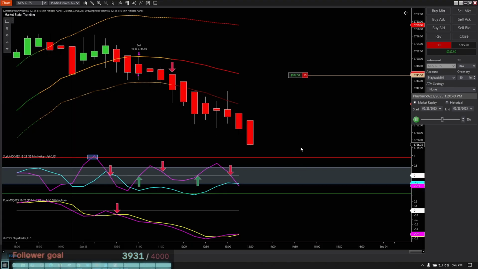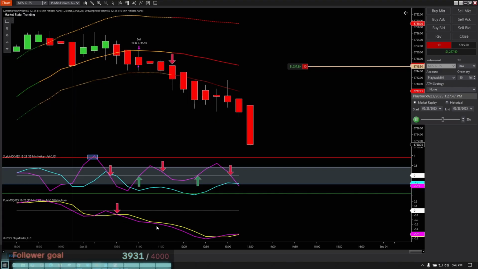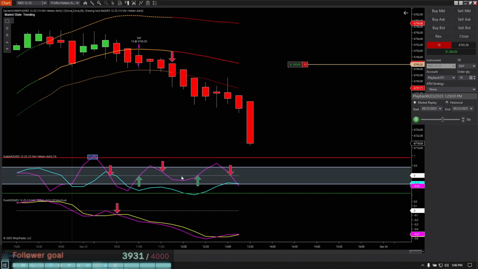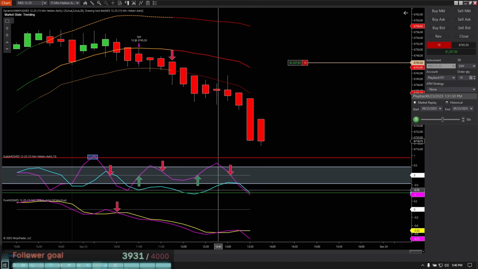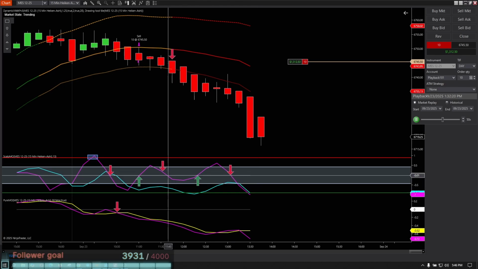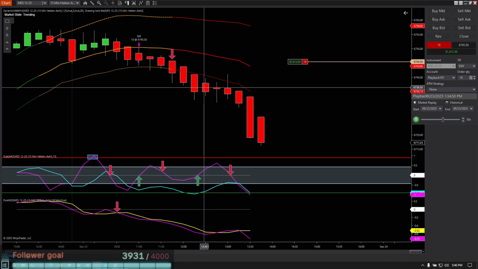What ScalpMO is doing is capturing the strongest points in the trade to get you in when acceleration starts to rise. So it's not keeping you throughout the duration of the trade the way PureMO is. It's getting you in and out in little clips. Because if you notice right here, guys, as this trade continues to the downside, once this actually crossed above the zero line, look at what happened with price.